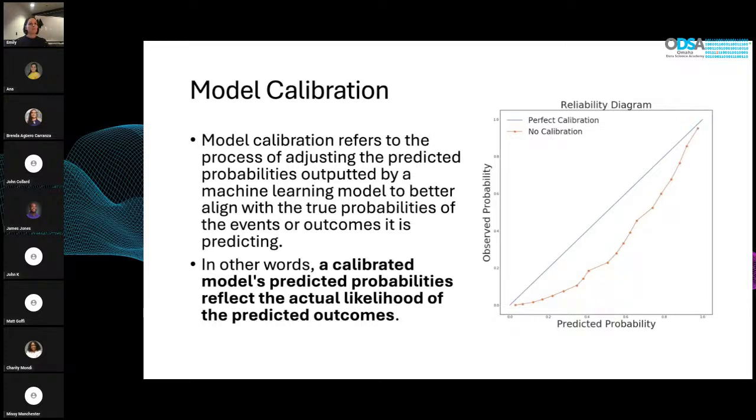Sometimes the probability that our model predicts is so small that we never actually get any representation of our data set from our model. So we have to do two things. One is threshold adjustment, and the second is probability calibration.